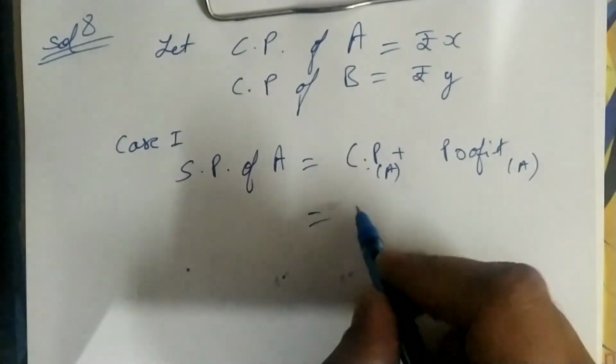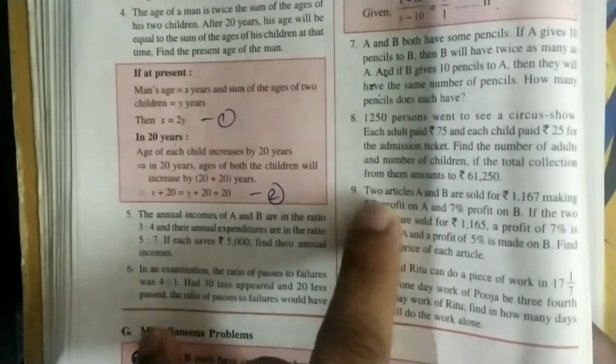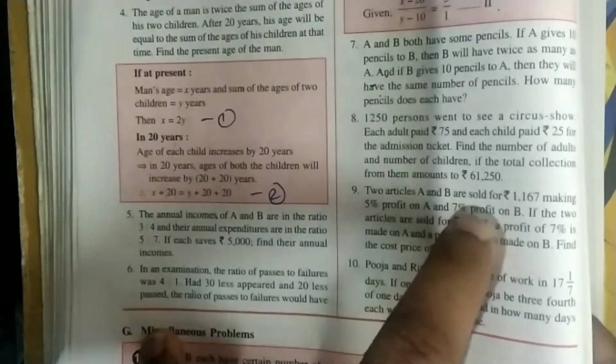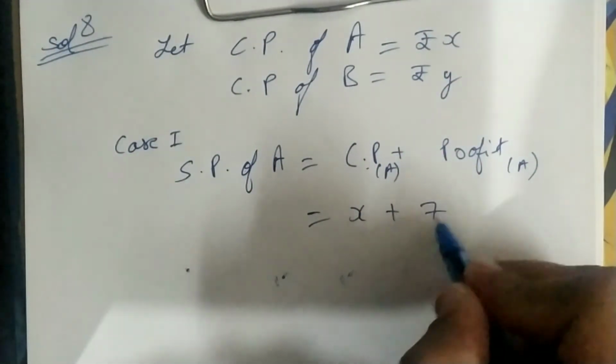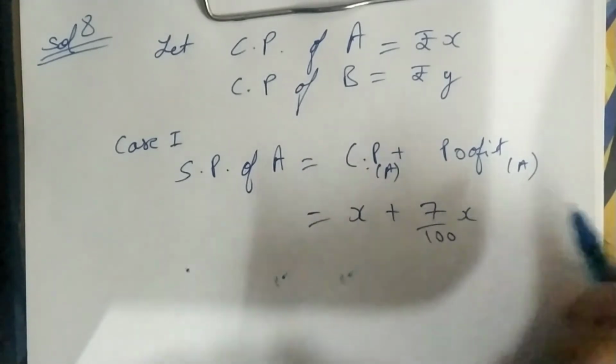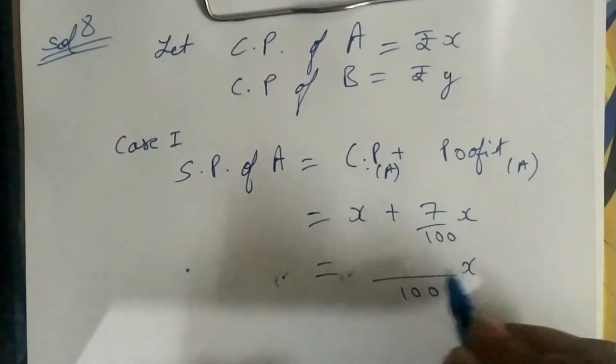So what is the cost price? X. What is the profit? It is given in the question that profit on A is 5 and B is 7. That means 5% of X, 5 upon 100 X. From here we will get the value of 105x.